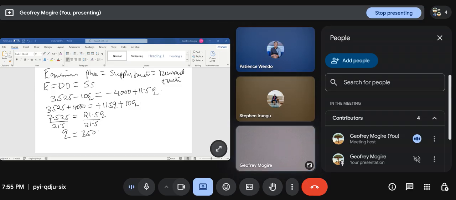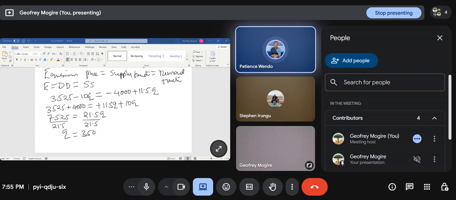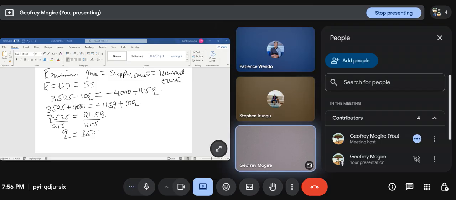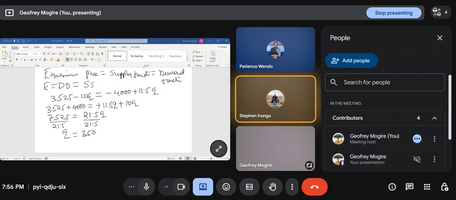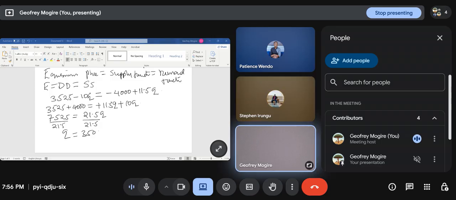These two functions are in the same question. You can only do the equilibrium price once you have determined the demand function and the supply function. That's the last part. You say equilibrium point is a point at which supply function is equivalent to demand function.